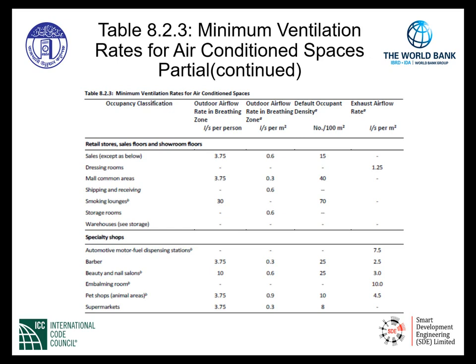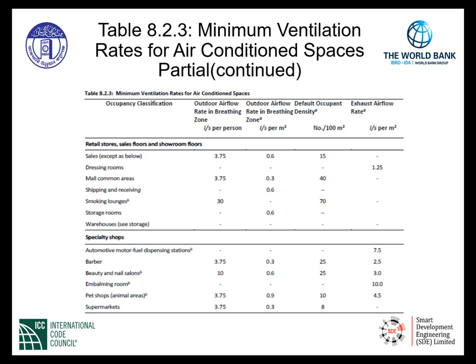Another one is the beauty and nail salons. As you can see, there are four values in the table. The first value is 10 liters per second per person in the first column. There's our people airflow rate.